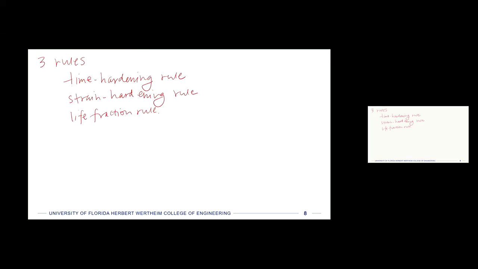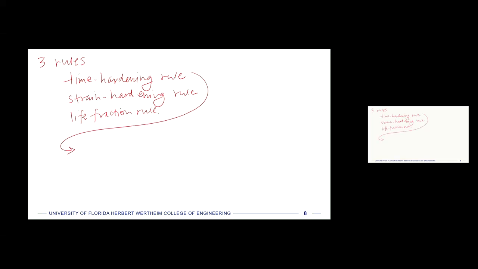These are basically just how you interpret strain versus time plots and how you add up the magnitudes in order to come up with something. So let's talk about the time hardening rule first.